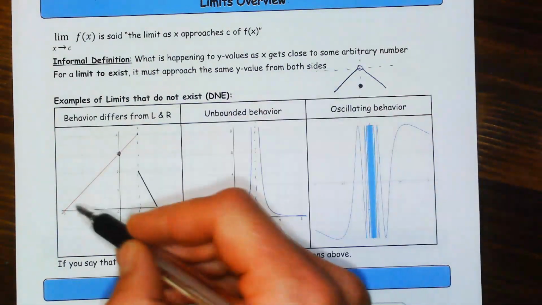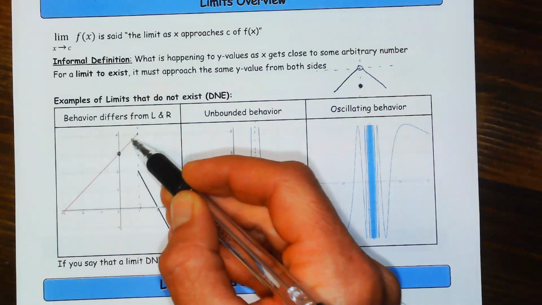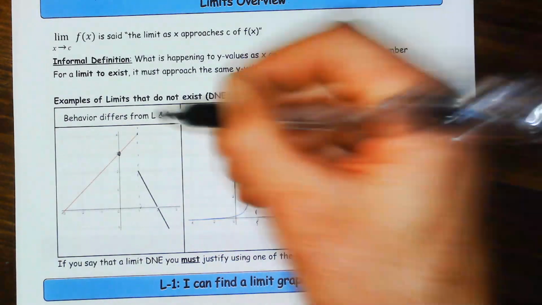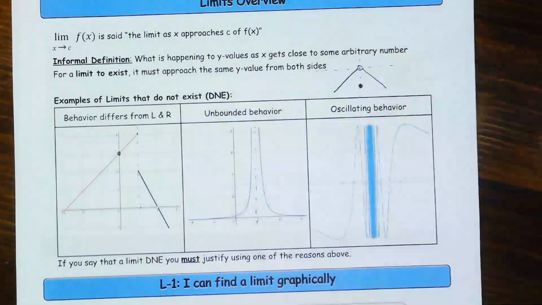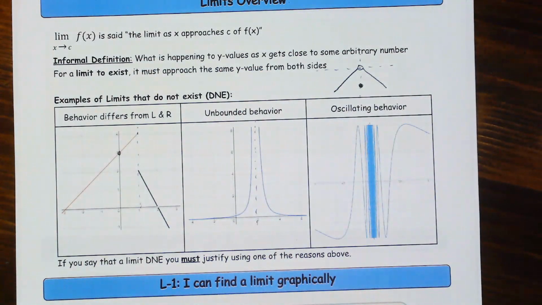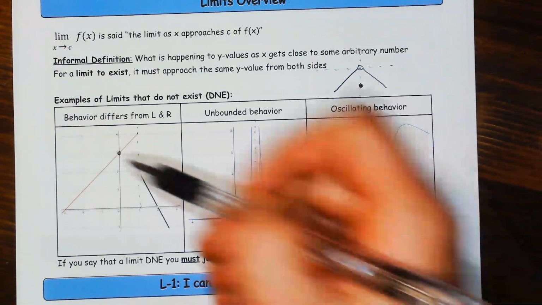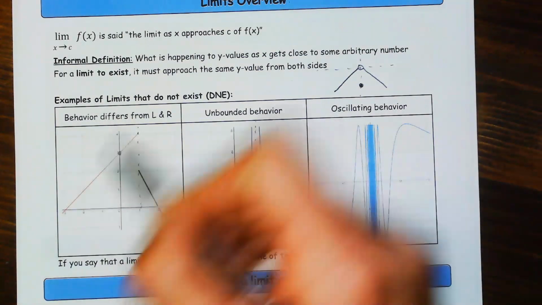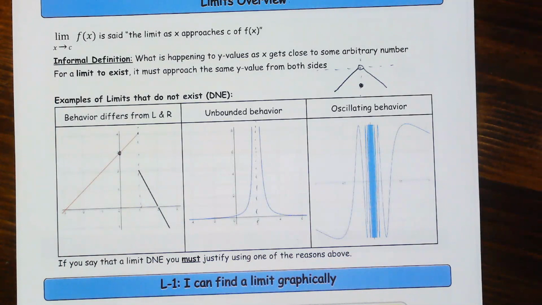Okay? In fact, all of the limits along this red line exist. All of the limits along this black line exist. The only one that doesn't exist is this one that's in the middle. Okay, so I think that's always important to say, just so you know, we're usually looking at the interesting spots, but there's a bunch of boring spots where the limit does exist here.